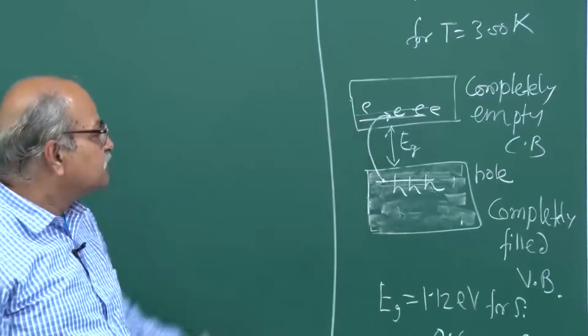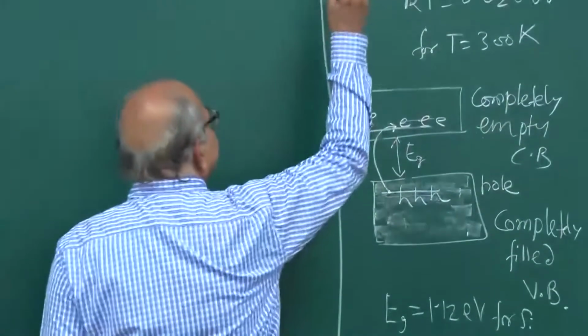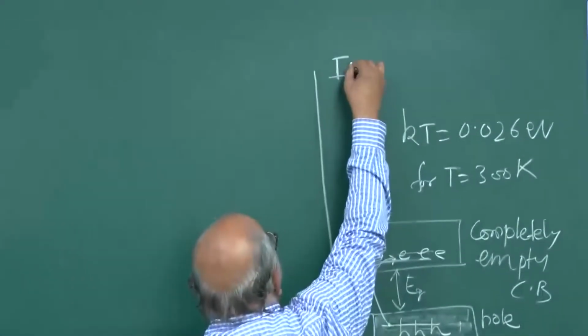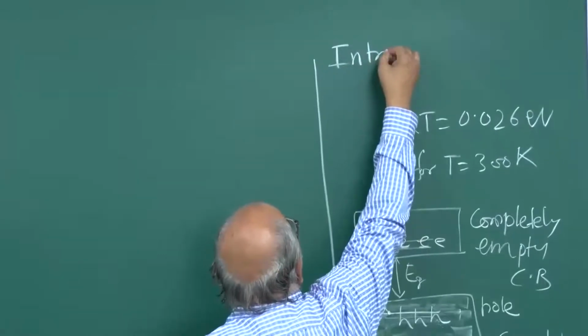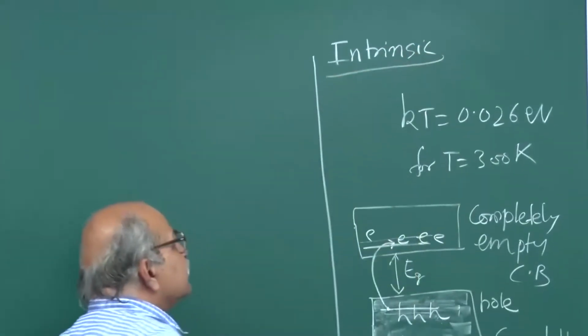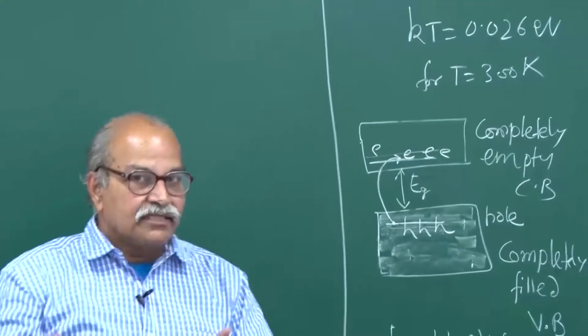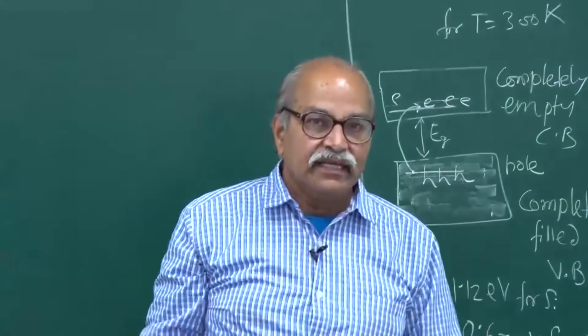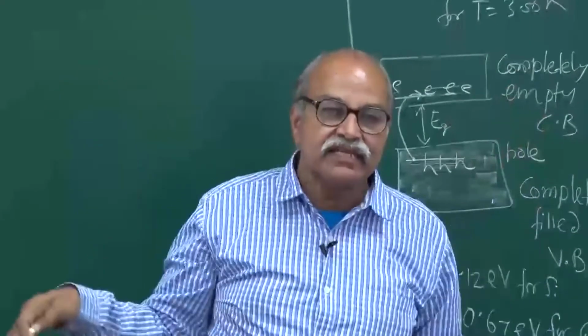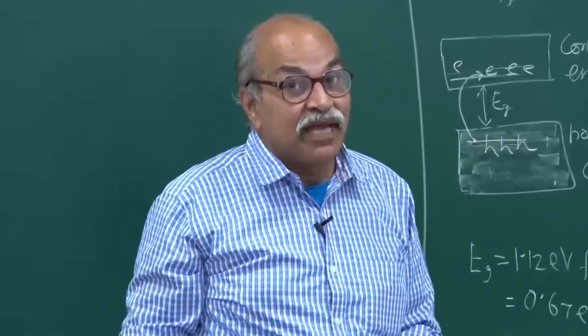This kind of system, which is a pure semiconductor, is known as an intrinsic semiconductor. So, intrinsic semiconductor means the semiconductor has its own band structure, and any electron in the conduction band has come from the valence band.